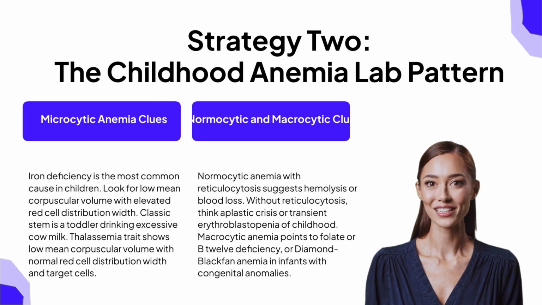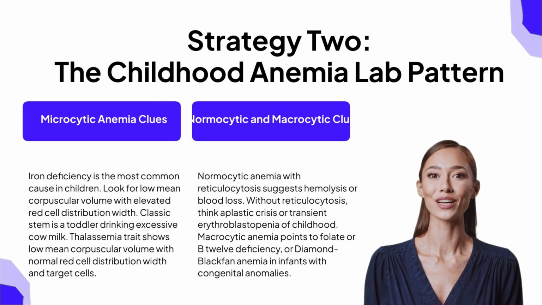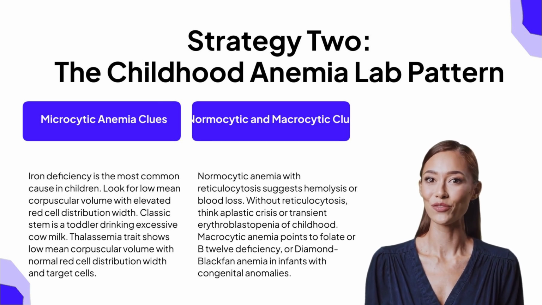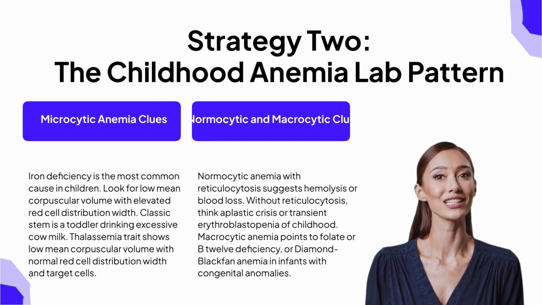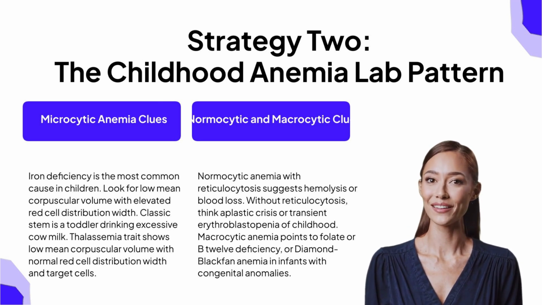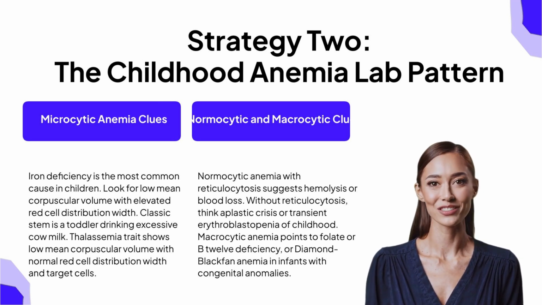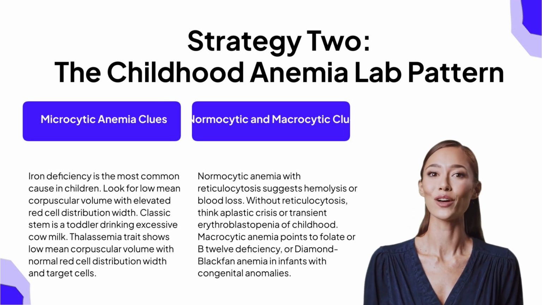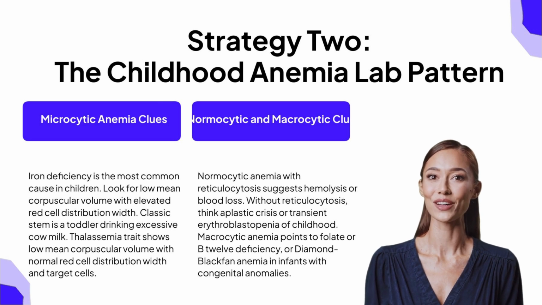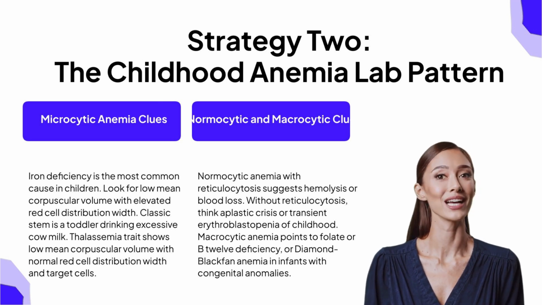But watch for thalassemia trait, which also causes microcytosis, but with a normal red cell distribution width. For normocytic anemia, check the reticulocyte count. High reticulocytes mean the marrow is responding, suggesting hemolysis or blood loss. Low reticulocytes point to transient erythroblastopenia of childhood or aplastic crisis. For macrocytic anemia in an infant with congenital anomalies, think Diamond-Blackfan anemia.